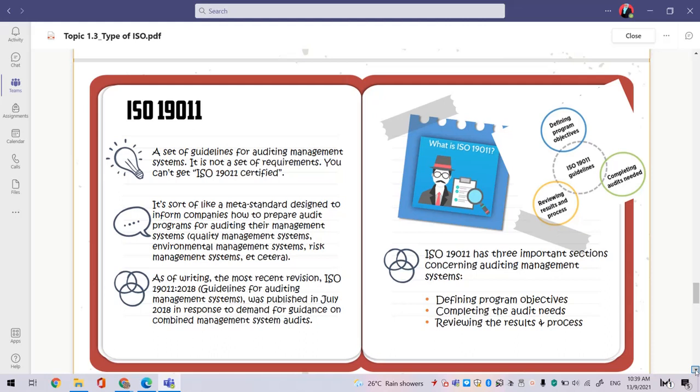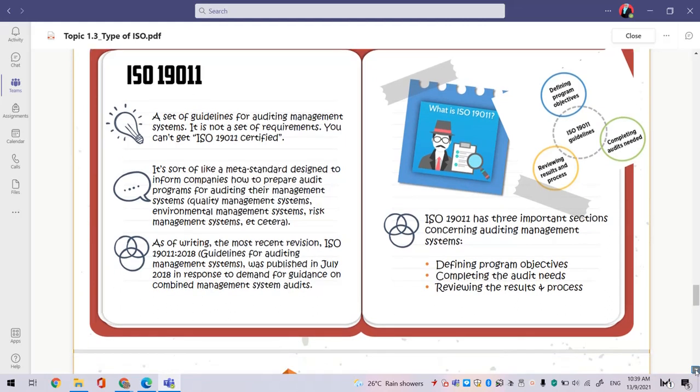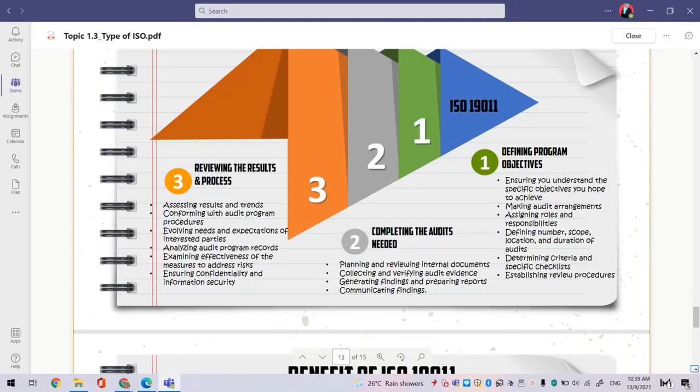There are 3 important sections in ISO 19011, which are defining program objective, completing audits needed, and reviewing result and process. Number 1 is you need to define the program objective. Number 2 is you need to define the completing of the audits needed. And finally, you need to review the result and process.